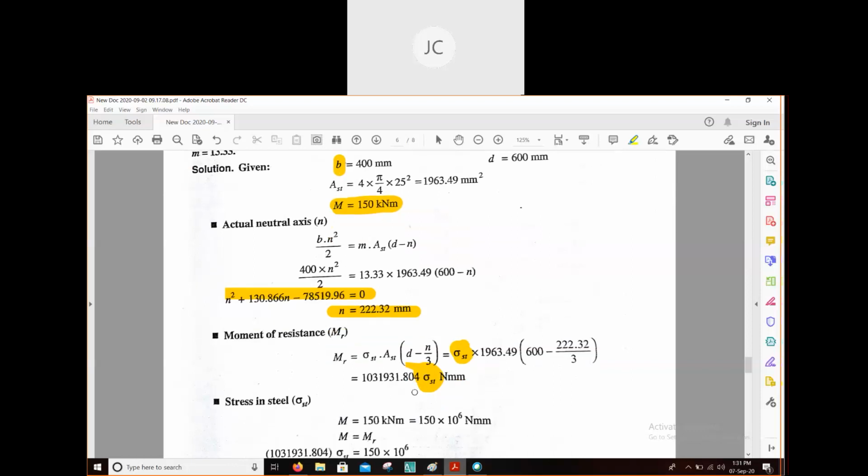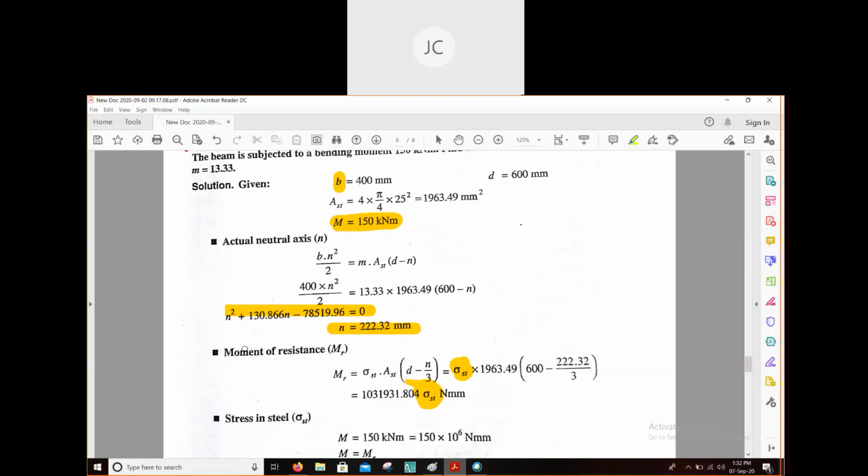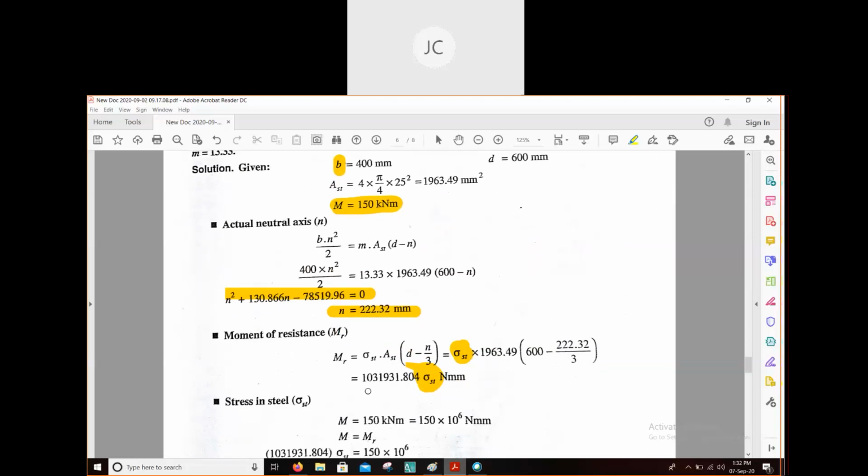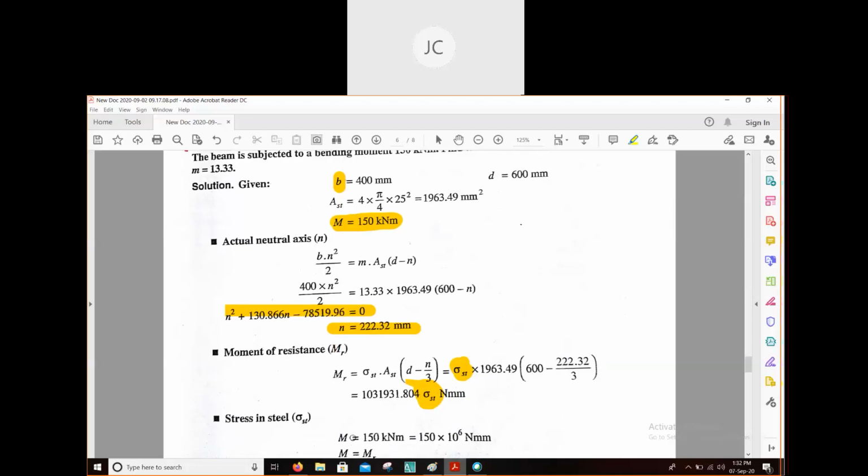This is the moment of resistance value. Next, we need to find this value, sigma st, which means stress in steel. In our question it is given that a 150 kilonewton meter bending moment is acting on the beam.